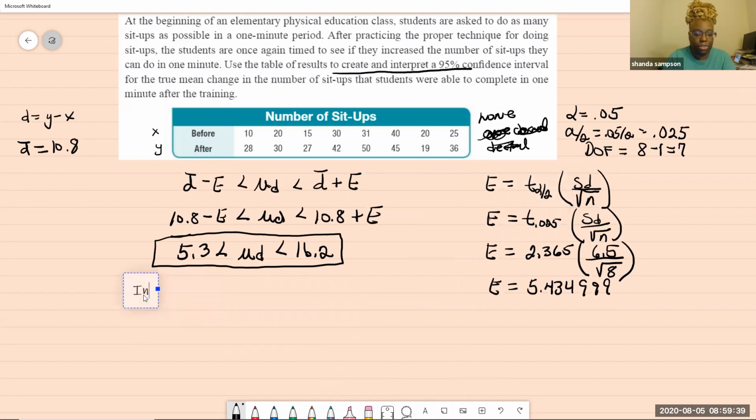Interpretation. Yes, I type this in real time so you can see.